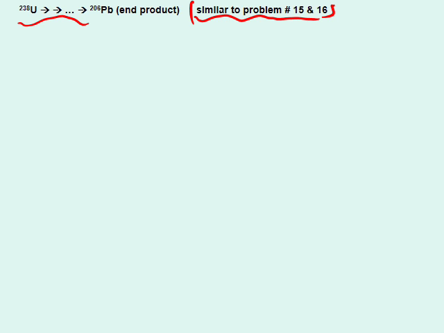First, we are going to calculate the mass change in this process, given by 238, the mass of uranium, minus 206, the mass of lead. So the difference is 32. Since these are nuclei that give off alpha particles, let's first calculate how many alpha particles would come out.